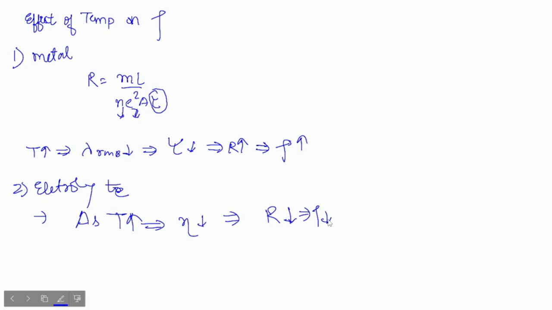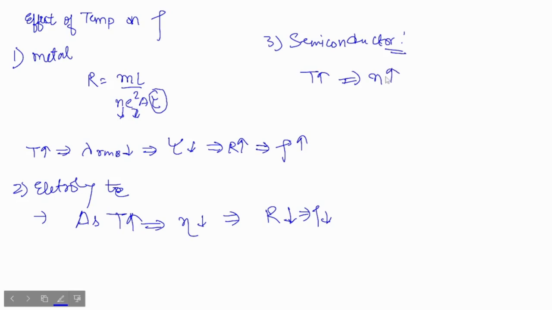Third material is semiconductor. What will happen here? This is a very special case. On increasing temperature, charge carriers per unit volume will increase since it is a semiconductor.